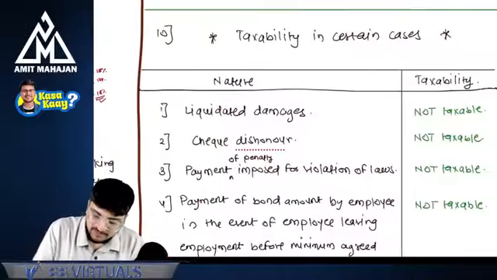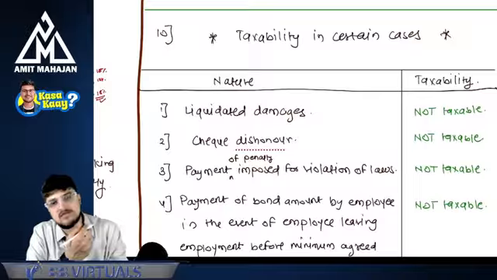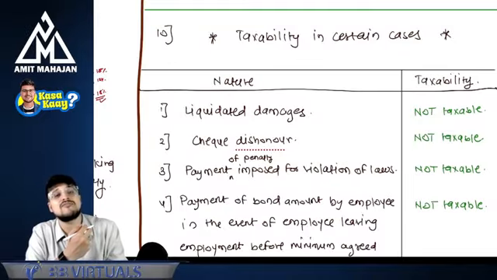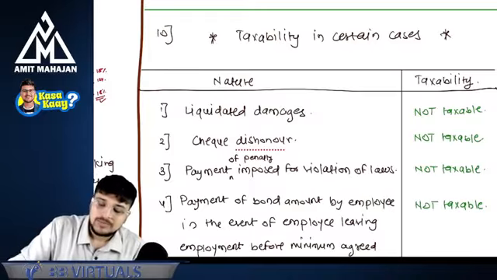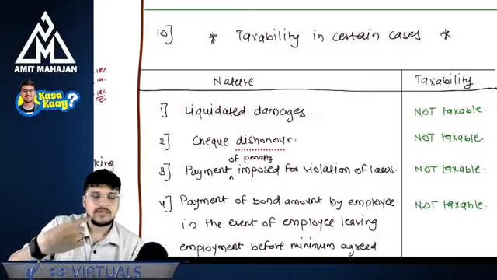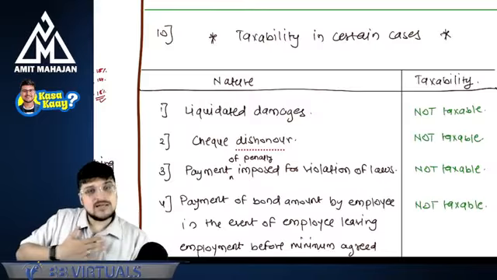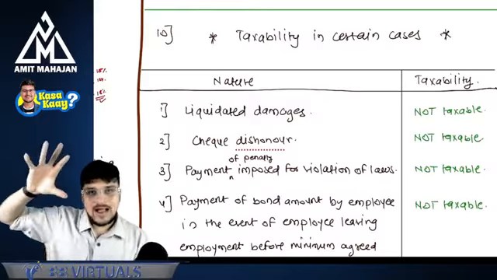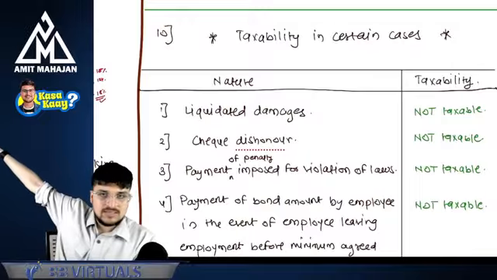Now, a few points just for reading purposes. Taxability in certain cases, number one, in case of liquidated damages. What is the meaning of liquidated damages? You must have seen this in foundation. We are having an agreement: you have to sell some goods to me, and I have some contract with somebody else, and I have to take goods from you and sell these goods to a third person.